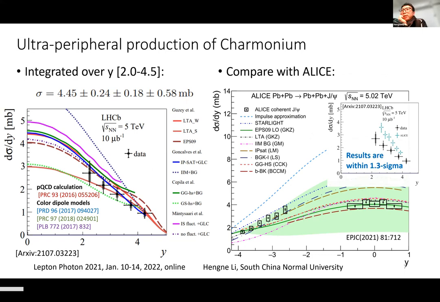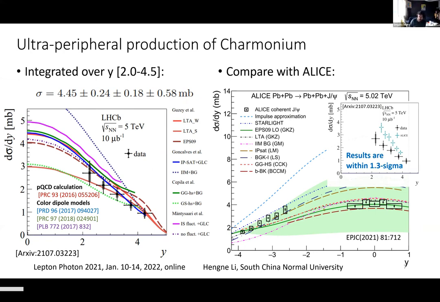It's basically the same kinematics, but ALICE is using 2018 data. We are using here the 2015 data set. But it basically should agree. And also, if we analyze the ALICE data and compare with these theoretical predictions, we can see that their forward and backward are not, at least, under the same theoretical prediction, right?